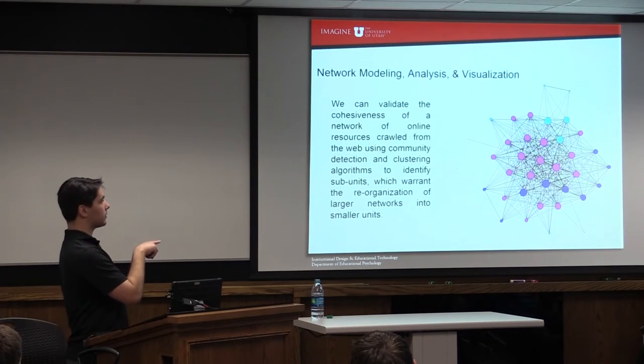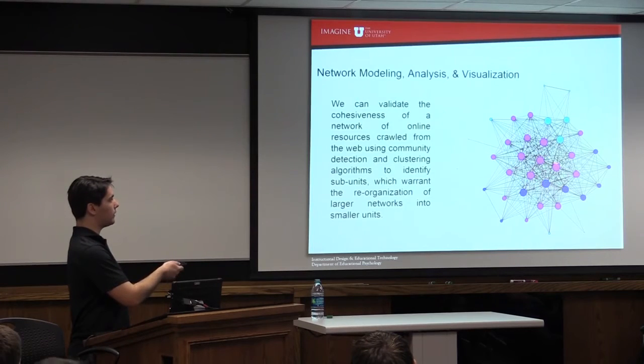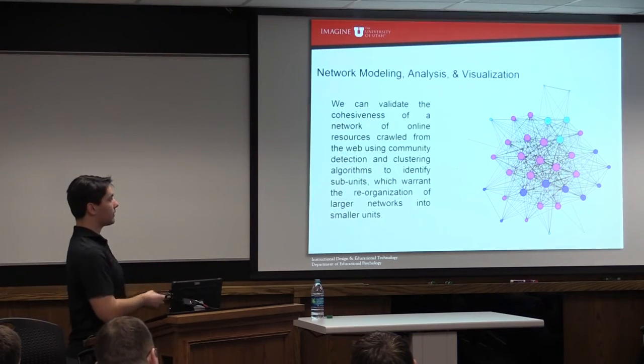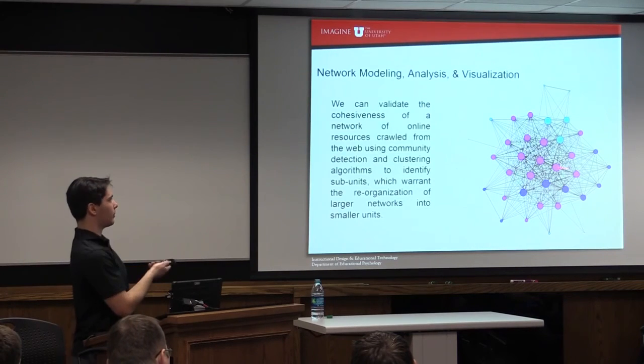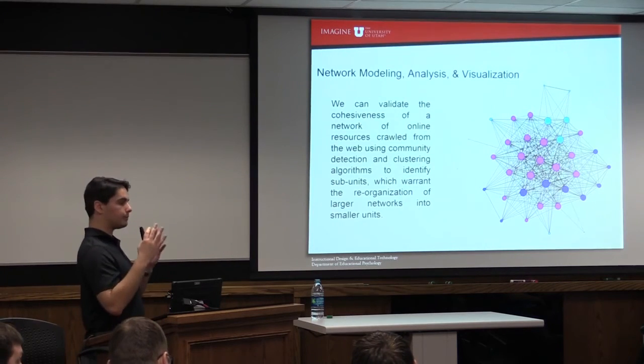For this visualization, we applied a force atlas algorithm to it. So the nodes that are more closely located to each other are presumably on similar topics. And what's interesting is we've also manipulated the size of the nodes, so the ones that are more central to the network, where we have more links, are shown to be bigger.